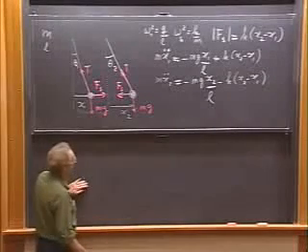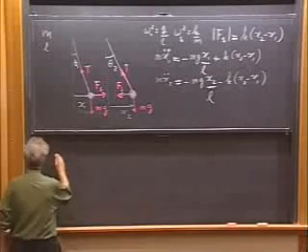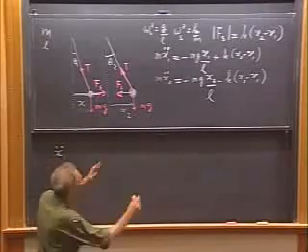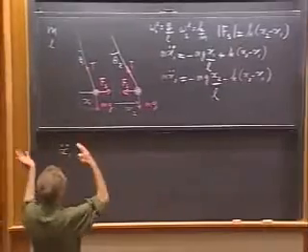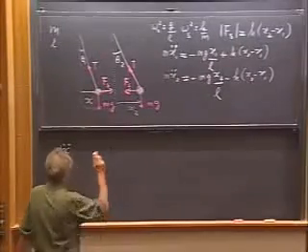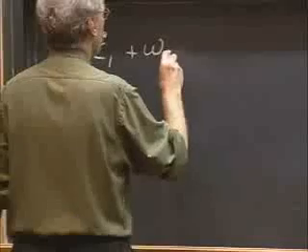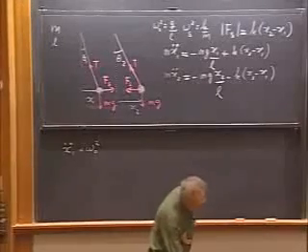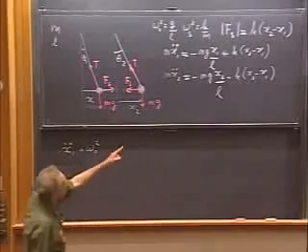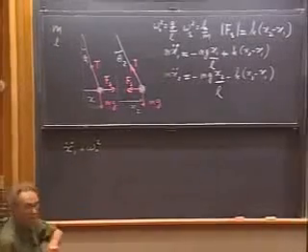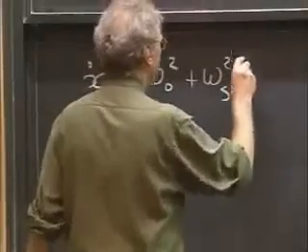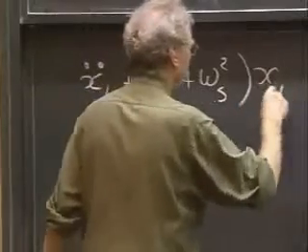So I'm going to divide m out, and so I'm going to get x1 double dot, and then I'm going to bring the x1s to the left, and so I get plus omega 0 squared times x1, but you have a minus kx1, you divide by m, so you get plus omega s squared, and that's both times x1.